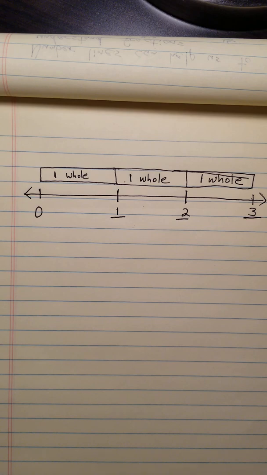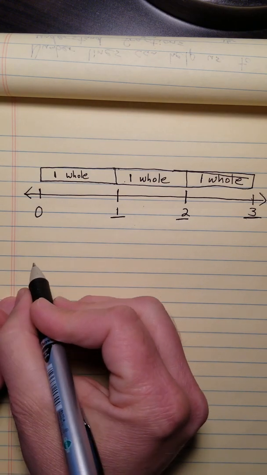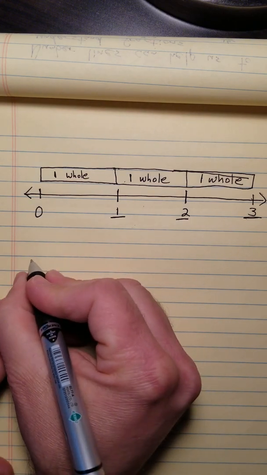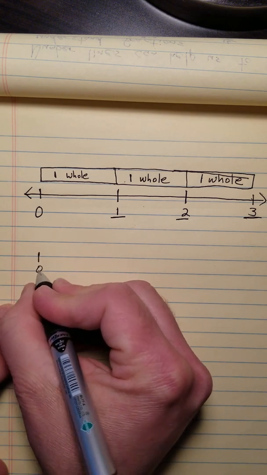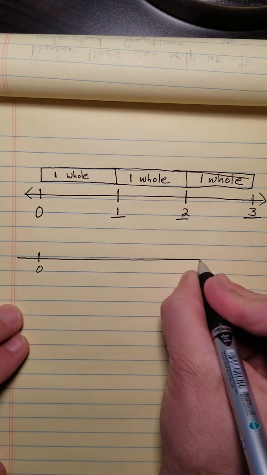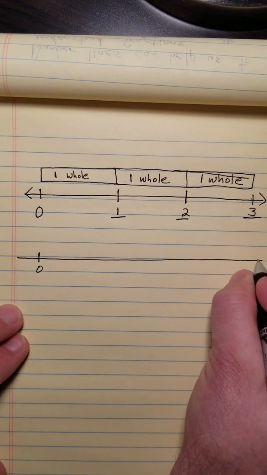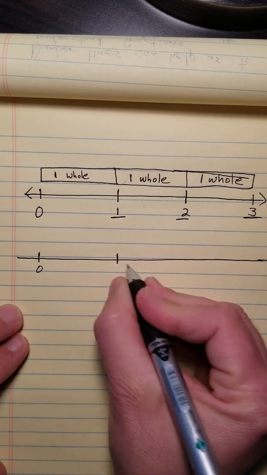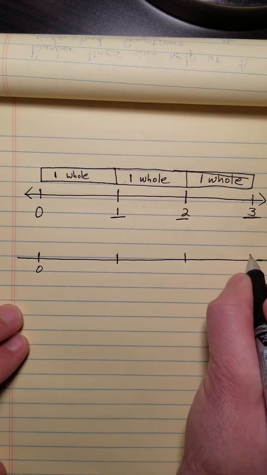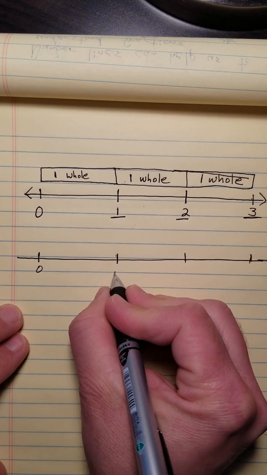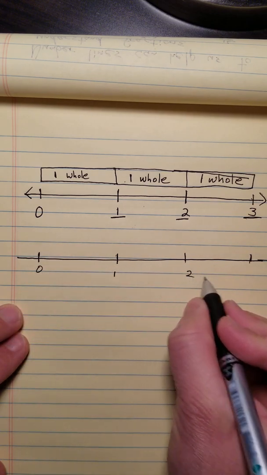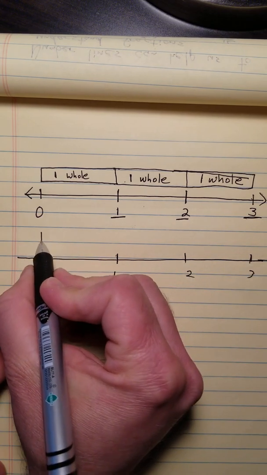That is our normal number line. That's what we always have as our number line. But when we're talking about fractions on a number line, we got 1, 2, 3.